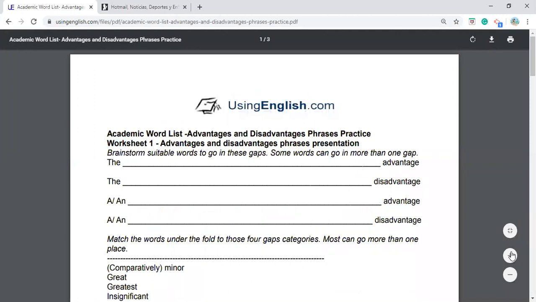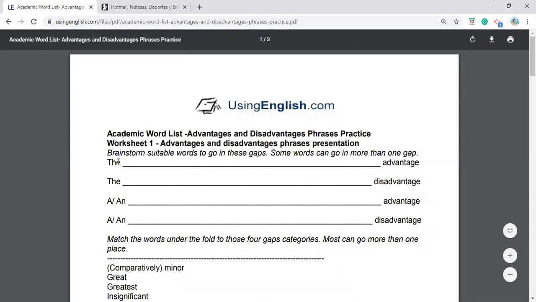So it says, academic word list, advantages and disadvantages, phrase presentation. So you can say the advantage, the first advantage, the main advantage, okay?